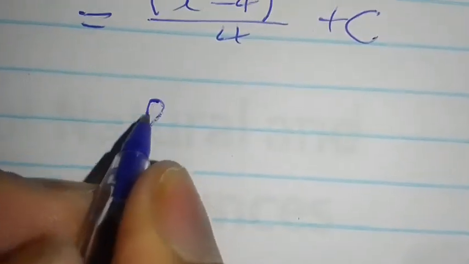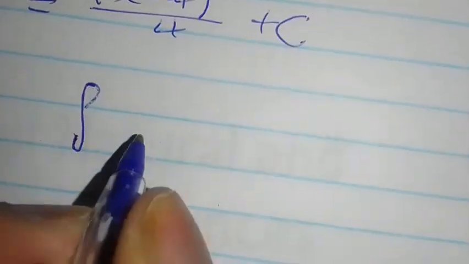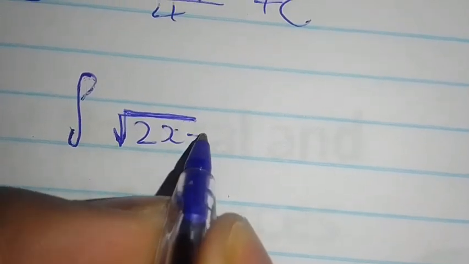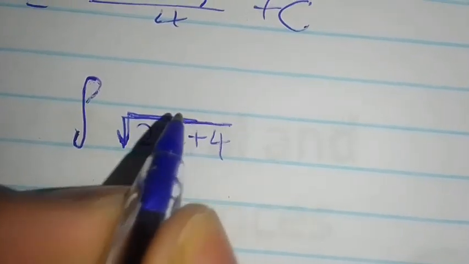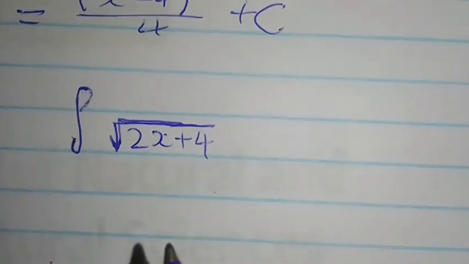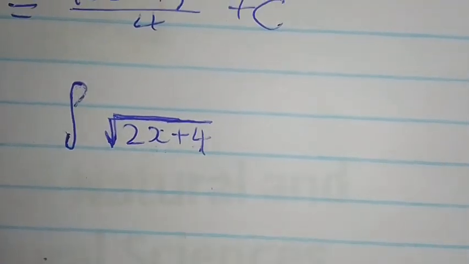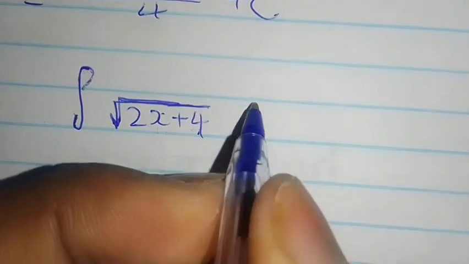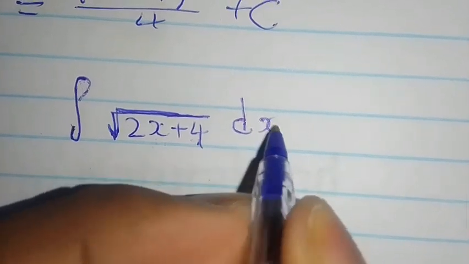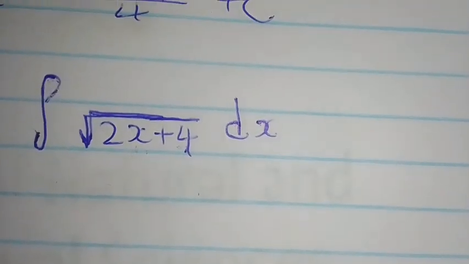Now let's say I have the integral of the square root of 2x plus 4 dx. How do I analyze my u?